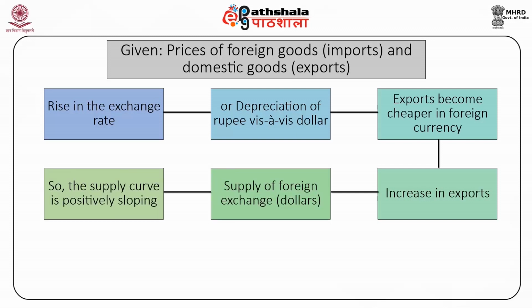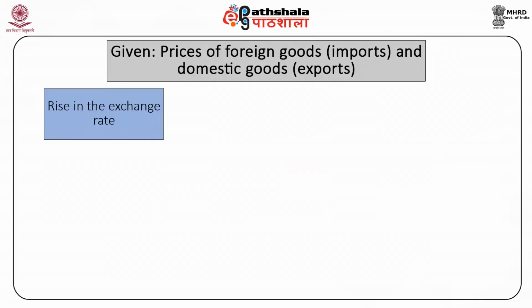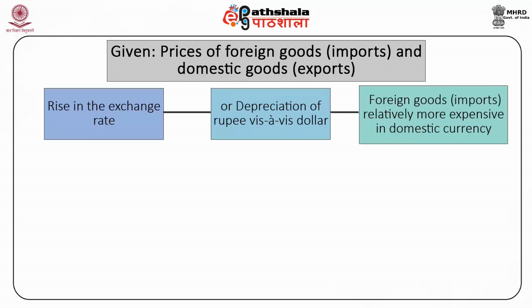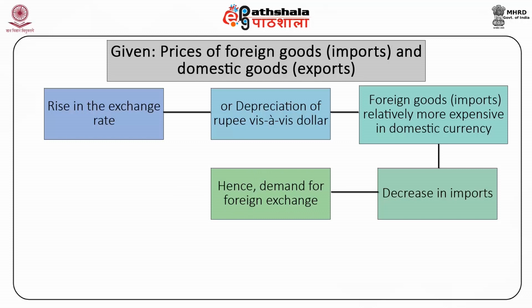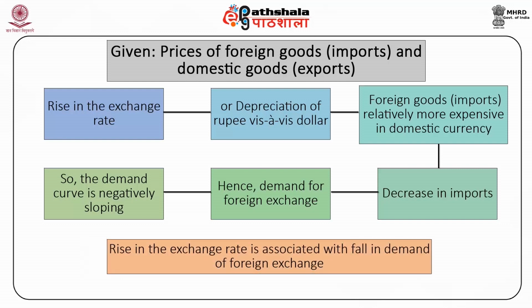So, the supply curve is positively sloping as a rise in the exchange rate is associated with increase in supply of foreign exchange. A rise in the exchange rate, depreciation of rupee vis-a-vis dollar, makes foreign goods imports relatively more expensive in domestic currency and reduces demand for imports and hence the demand for foreign exchange. So, the demand for foreign exchange is downward sloping as a rise in exchange rate is associated with a fall in demand for foreign exchange.